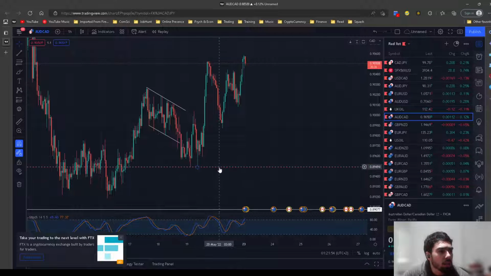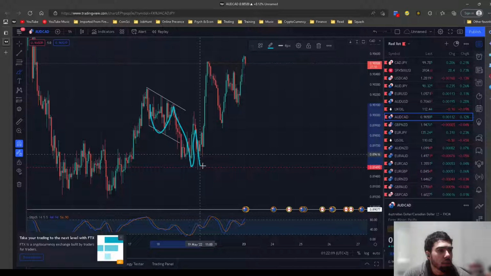So this red line here was our stop loss, so we got taken out, and then immediately it reversed. So even if we had come down to this level, our trade was still active, because this is still a valid correction we got here. So there was no reason to get taken out here.